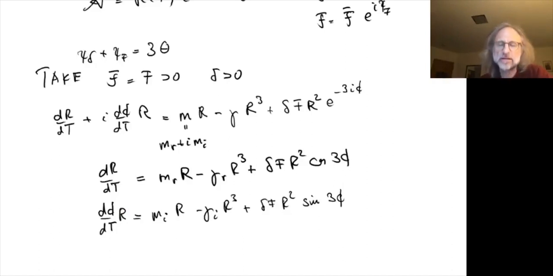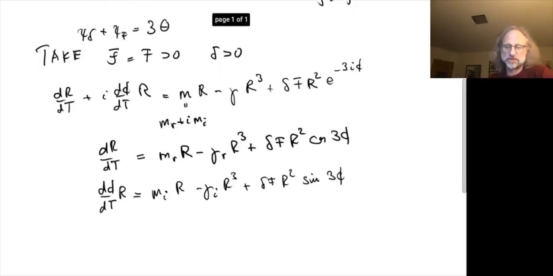Or would not be phase locked to the forcing, I should say, because the solution has 3 omega naught and omega naught in it as frequencies, and the phi gives the deviation from those frequencies. Therefore, if phi evolves, we would have not a phase-locked solution. So I'm interested in phase-locked solutions in particular here.